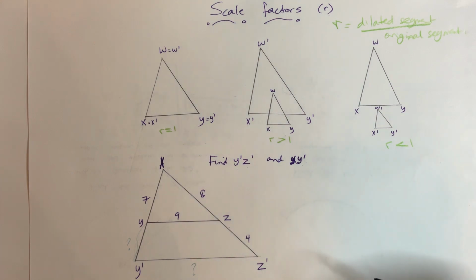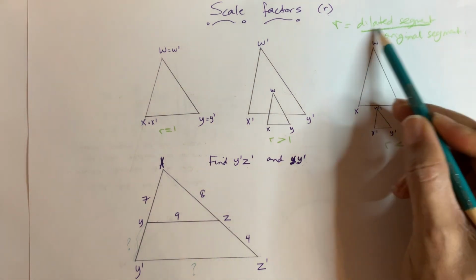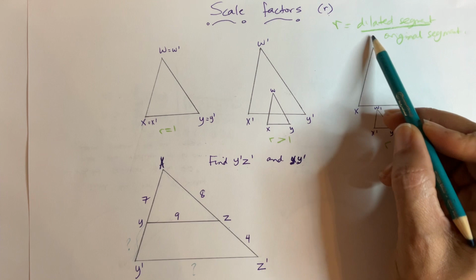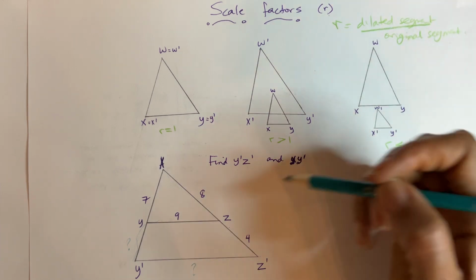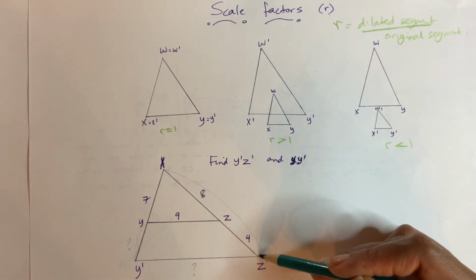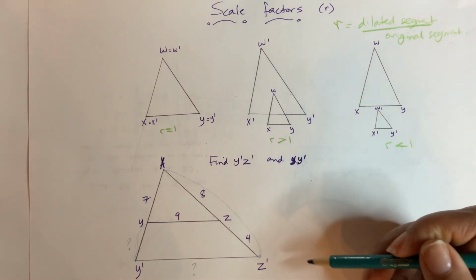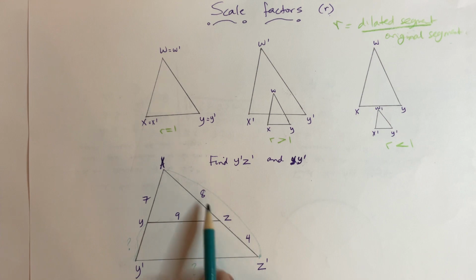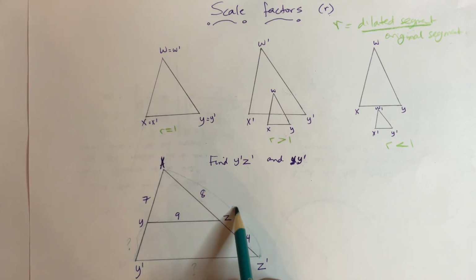First thing we have to do is find the scale factor. Because we know that the scale factor is the dilated segment over the original, our dilated segment here would be XZ prime, and that would be 8 plus 4, which is equal to 12.